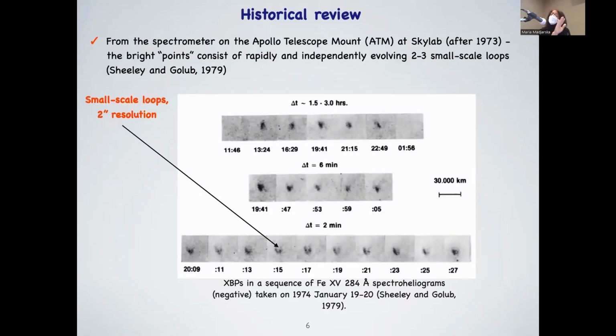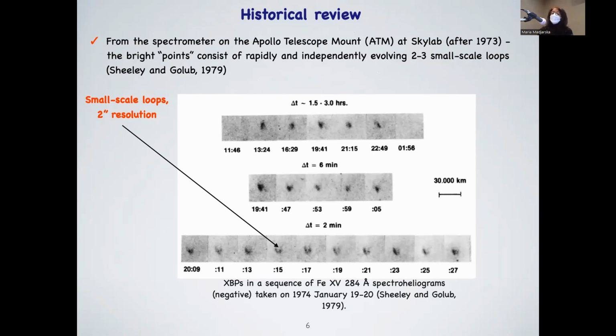Simultaneously, they also observed the solar magnetic field from the ground, and they could notice that every place where there is a bright dot, they can find a bipolar magnetic region, so positive and negative polarity.